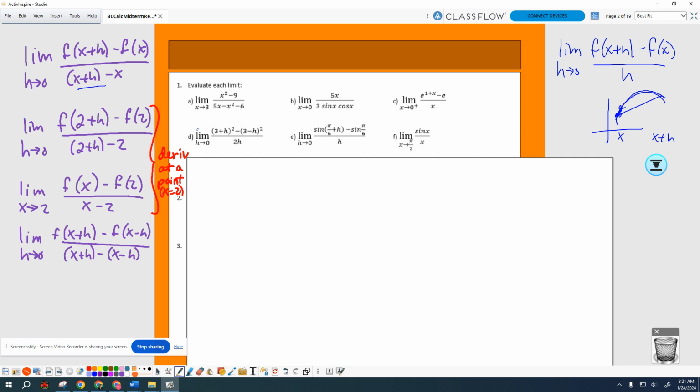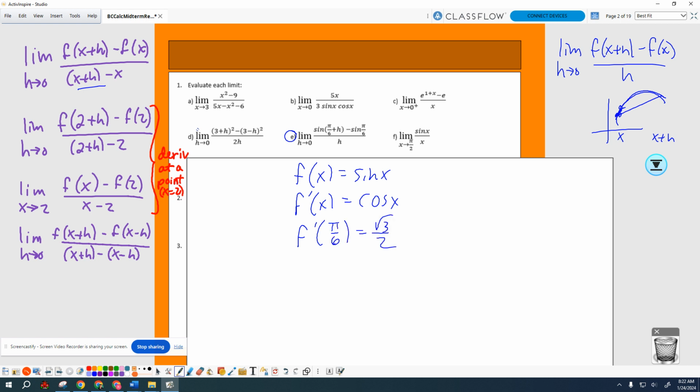And then we had this shortcut and we said, you know what, you can just use derivative patterns. The AP exam loves this specific question, and they're not asking you to do the sine A plus B thing. They're asking you to recognize it looks like the limit definition of derivative. What function does it look like we're doing the derivative of? Okay, it looks like they're asking us to do the derivative of sine, which I know is cosine, and it looks like they're asking me to evaluate it at pi over 6.